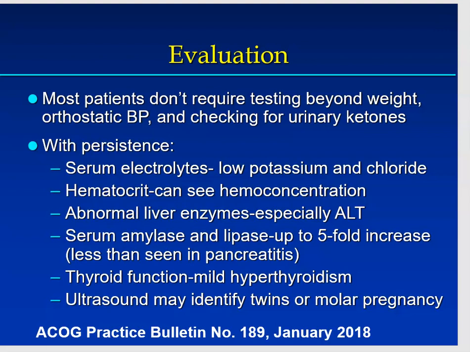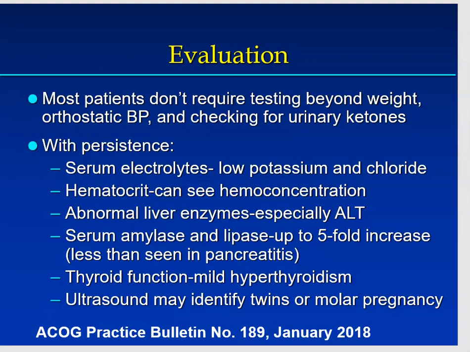Certainly with persistence or evidence of true hyperemesis, one can measure the serum electrolytes, and oftentimes we'll see a low potassium and low chloride, the latter being due to the vomiting. The hematocrit oftentimes will show hemoconcentration, this also relating to dehydration.